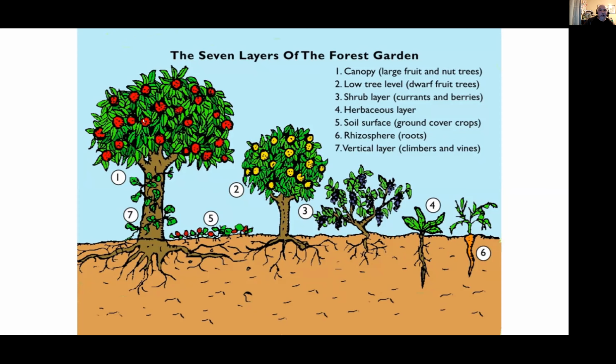The canopy, larger fruit trees, low level dwarf fruit trees, the shrub layer, a blackcurrant bush there, the herbaceous layer, we've got some herbaceous plants growing there, and then you've got the soil surface, wild strawberry or something like that growing on the surface, our root layer and our potential vertical layer. So that's hopefully an explanation of what is a forest garden.